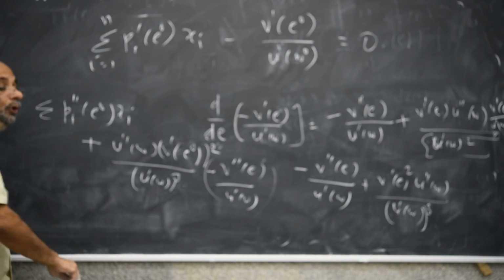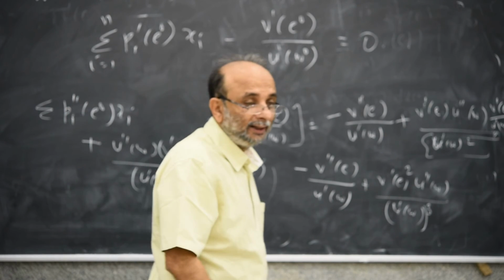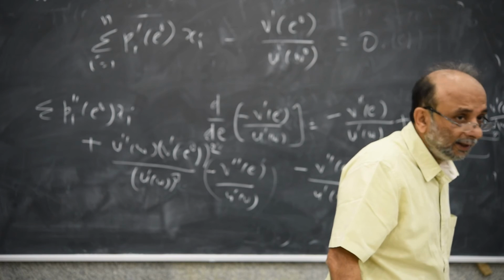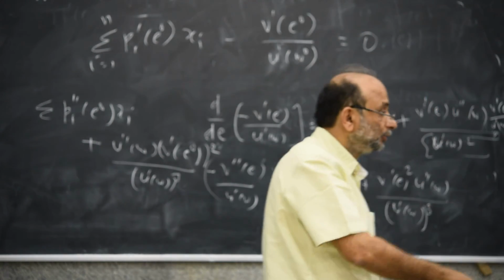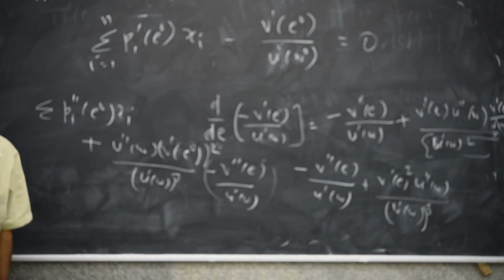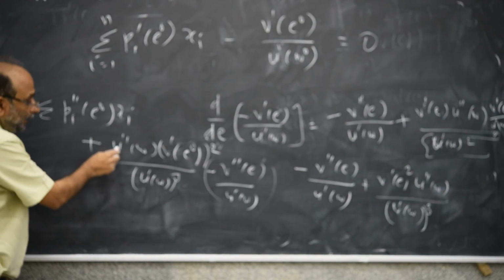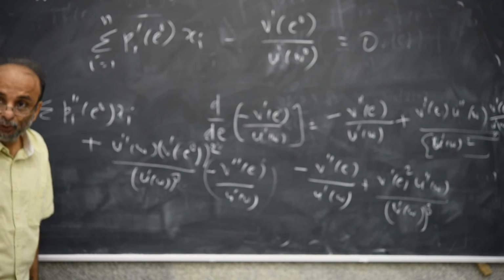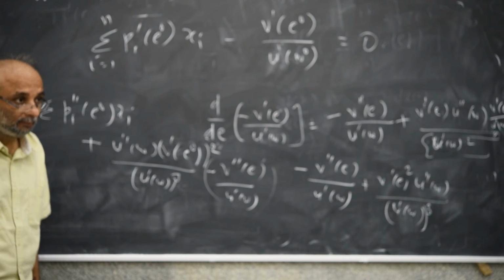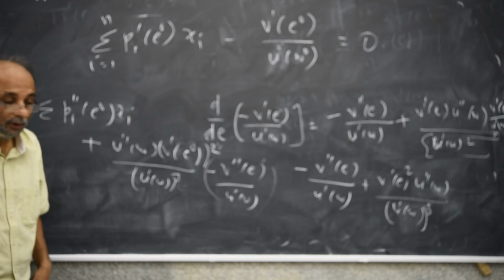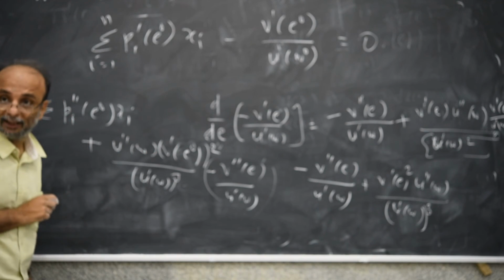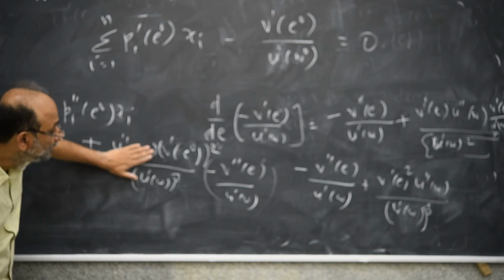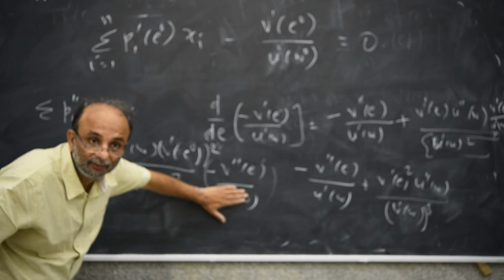U double dash of W is positive or negative? Negative, because of decreasing marginal utility. So this term is positive. This term is negative. U dash of W is positive, the marginal utility of wages. So this is positive, this is positive, this is negative. So this term is negative, this term is negative.